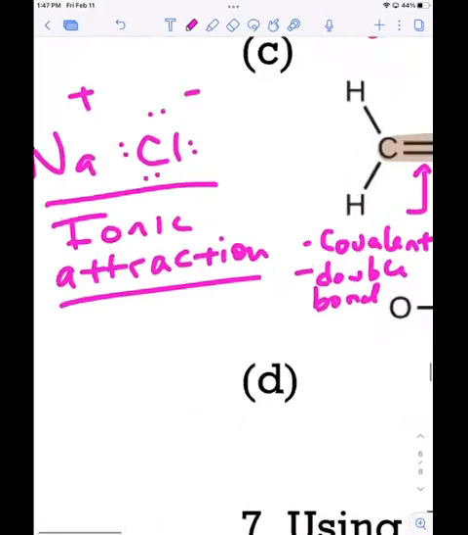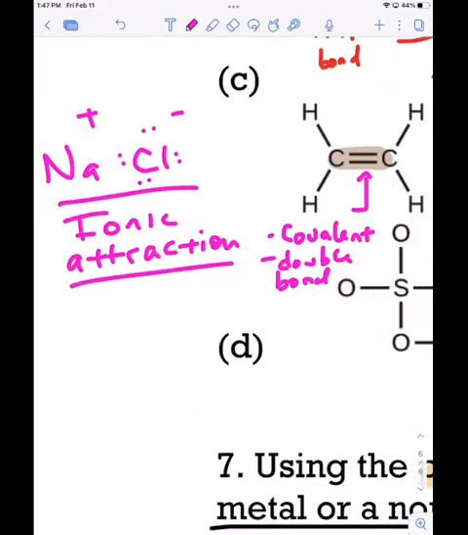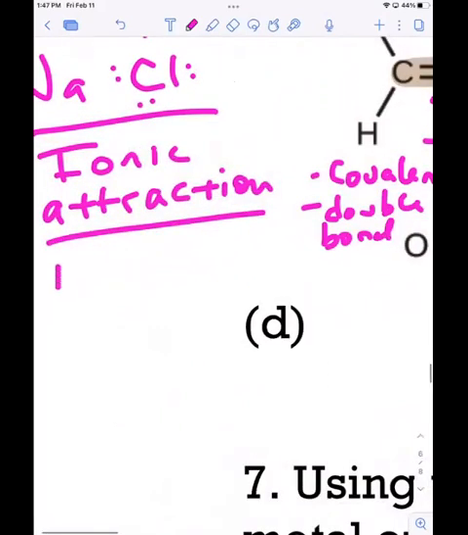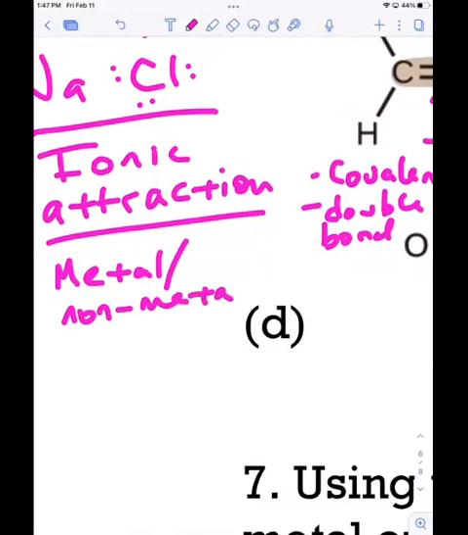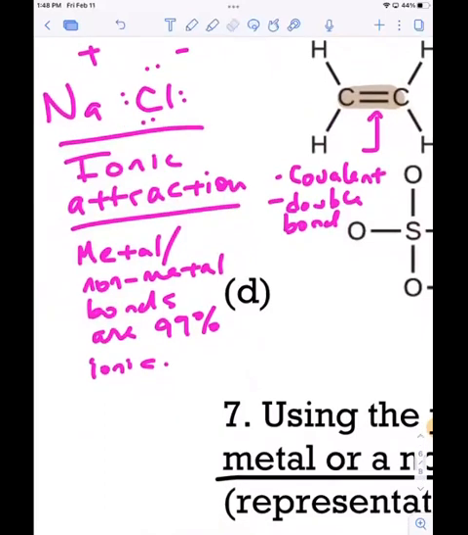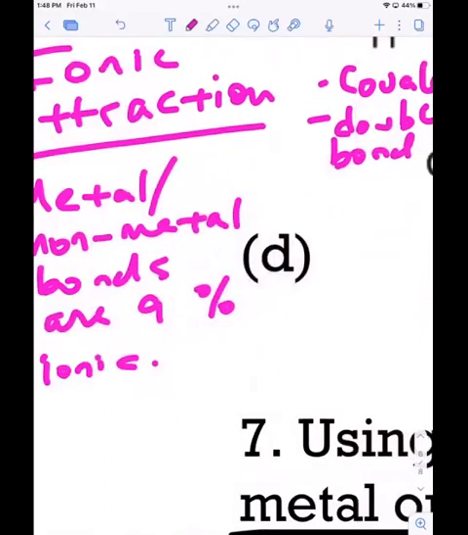So you get what is typically called in the textbook an ionic bond, but it's really not a bond. A bond only happens when you share electrons. So it's more of an attraction. Any bond between a metal and a non-metal is going to be ionic. Not any, 99%, because there are some exceptions. So 99% of the time, a metal, non-metal bond is considered ionic.